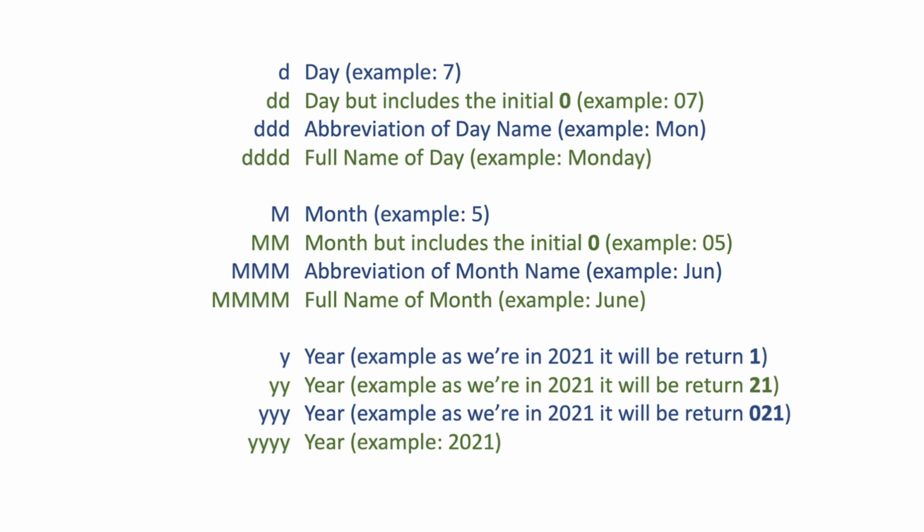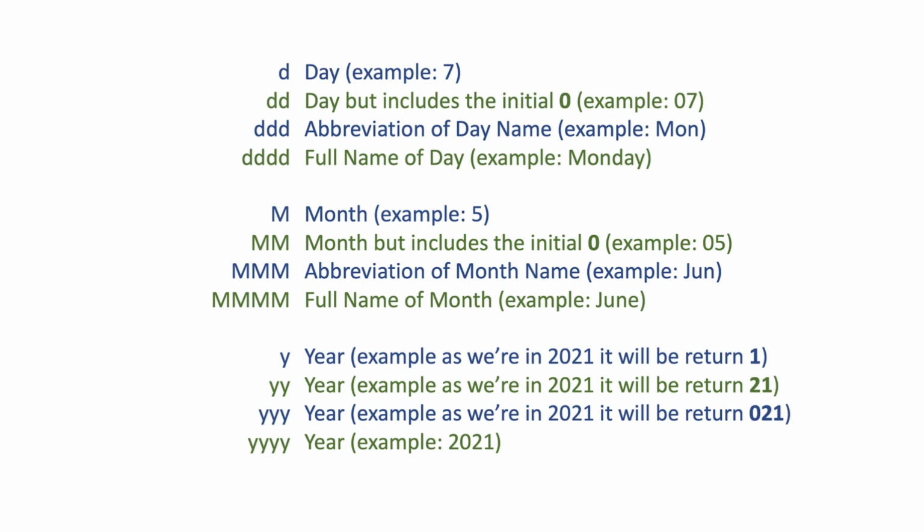Or you can get an abbreviation of the month name, such as June, for example. You can get Jun by passing through MMM. Or if you wanted the full month name, you can pass through MMMM, 4 M's. Now again, this is the same for a year. However, with the year, what actually happens is it starts from the last character and moves inwards.